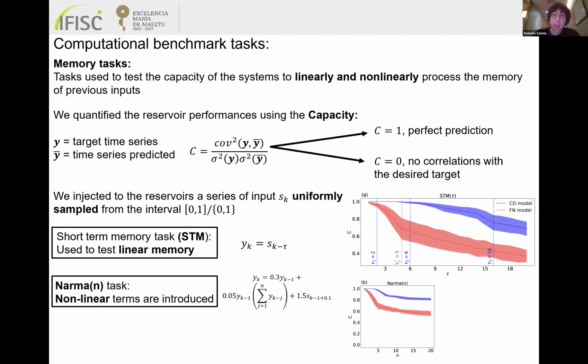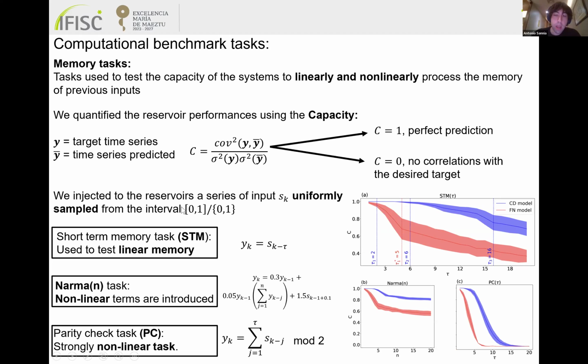And in order to study a task that is strongly nonlinear, we consider the parity check, in which the input is binary, and what you want to be able to do is compute the parity of the bit string we can form from the set of inputs that we have injected.